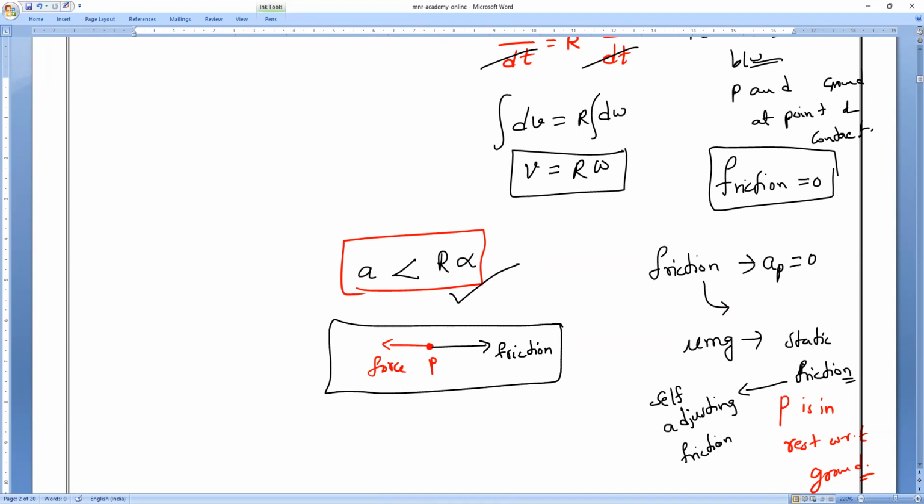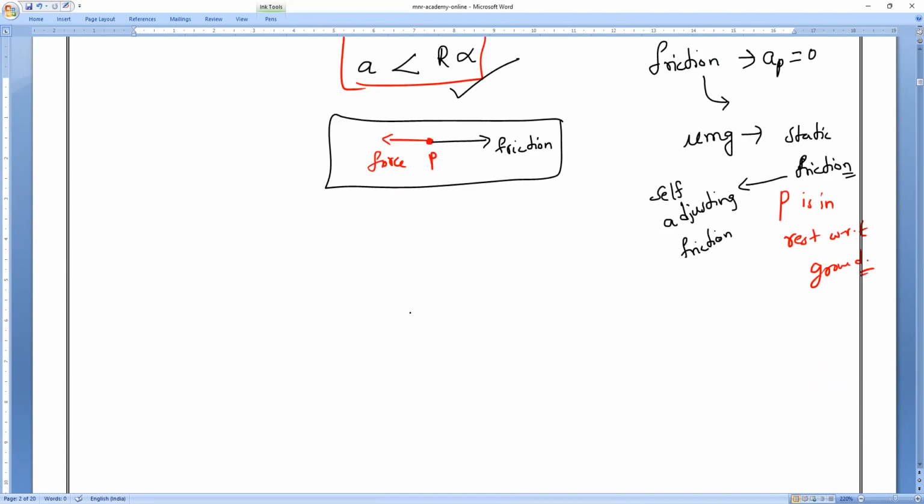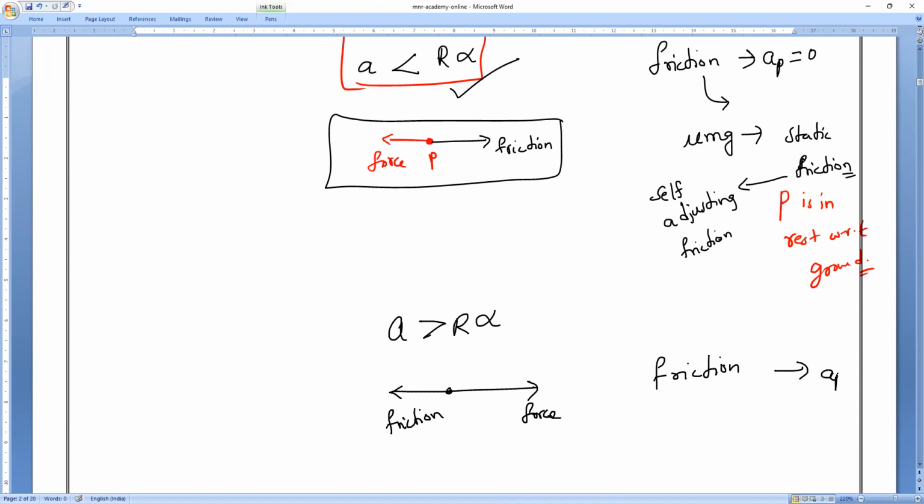Then if a is greater than r alpha, the frictional force will act in the backward direction and the applied force is in the forward direction. In this case also it is still not in motion, ready to move, so the acceleration of the point is 0. So what friction is this also?